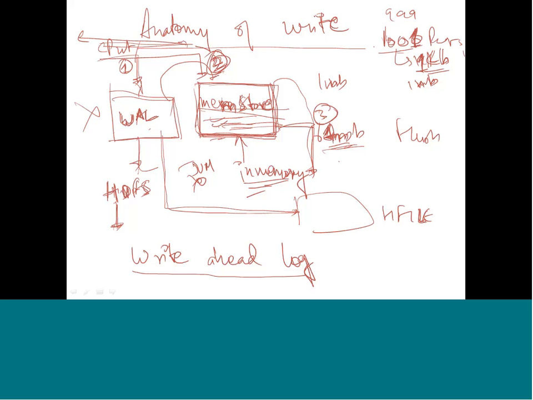It will go to the main store once the main store reaches the 64 MB in step 3. Right, so 64 MB is filled up, and you're flushing it to the disk, meaning to the H file. What should happen to the corresponding log file entries for whatever has been flushed to the disk?